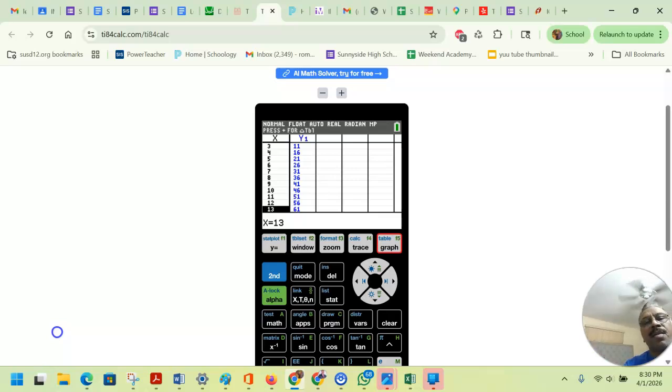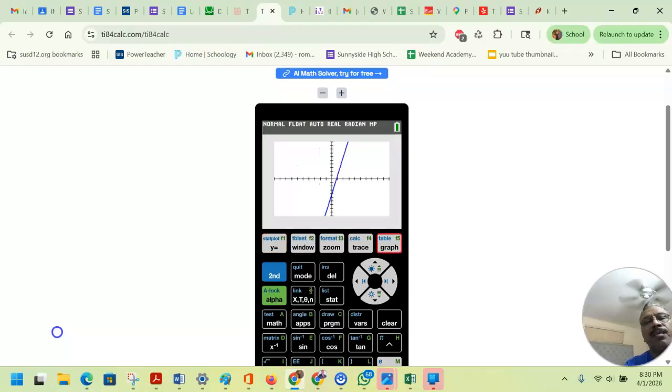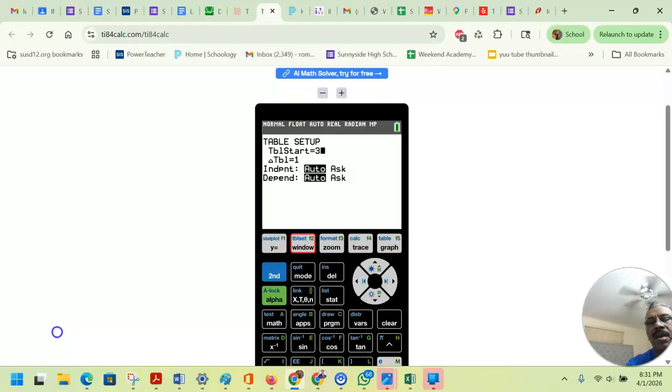And there is also something called stat plots. If you click here, not that one. Let me go back to the graph and table set. If you click here and here, the TBL SET. You can start with, maybe you want to start with just a 3. So you can do that also.